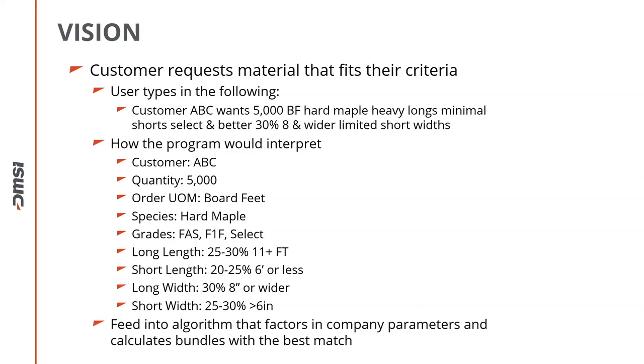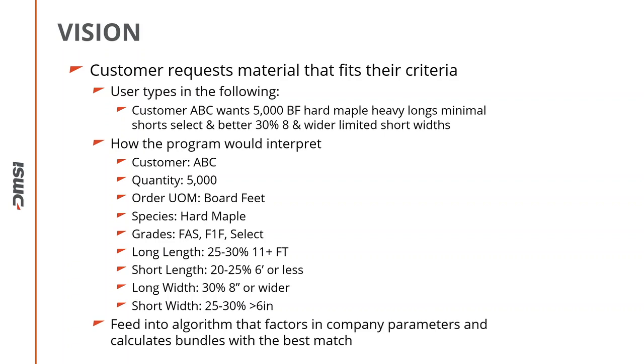It's a very specific example. A user would type in the following: customer ABC wants 5,000 BF, hard maple, heavy longs, minimal shorts, select and better, 30% 8 and wider, limited short. There's a lot in there that probably means nothing unless you're in the industry.